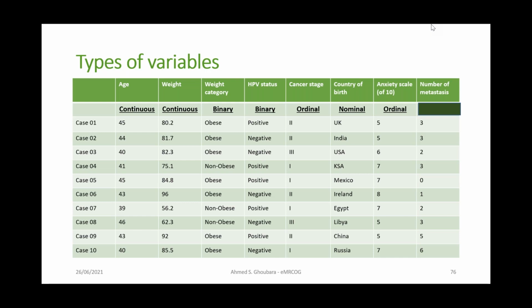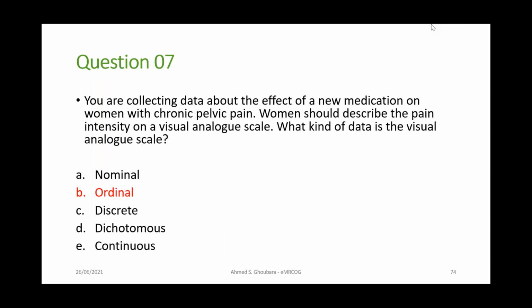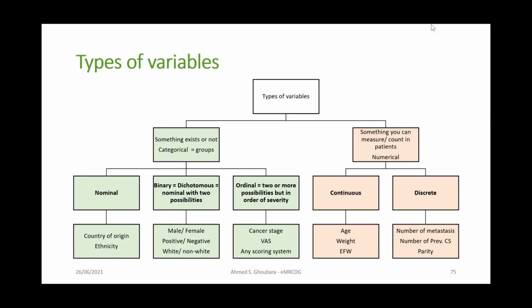Ordinal is categorical. Sure. Ordinal is categorical. This one is very important for you. This is the thing that you need to remember. So ordinal is always a category. It's one of the subgroups.